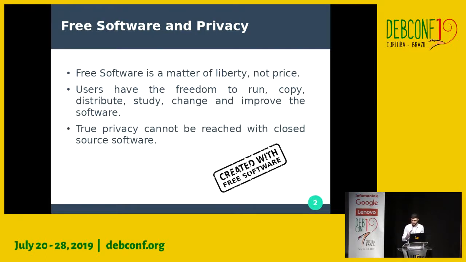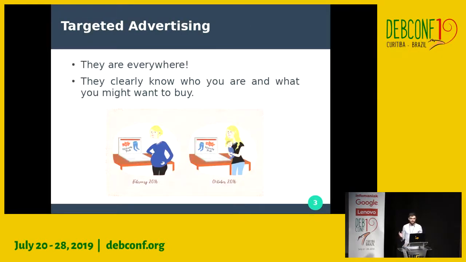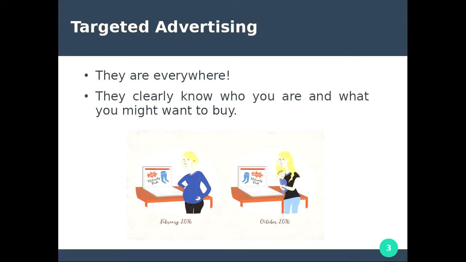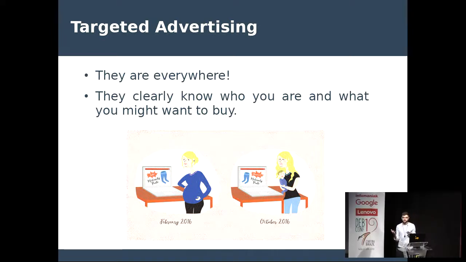And okay, with that explained, let's address one of the big problems that I want to talk about here, which is targeted advertising. Targeted advertising is the kind of ad that tries to reach as many people as possible by choosing those that are more likely to have interest in a specific product. Pregnant women, for example, are more likely to buy maternity pants, so they are more likely to receive this kind of ad as well.